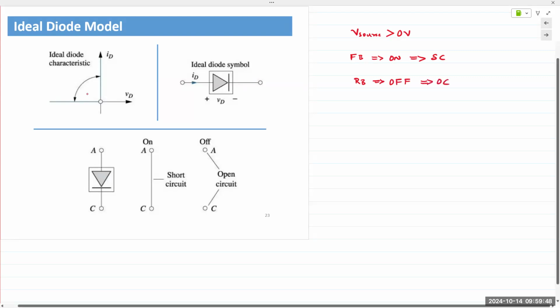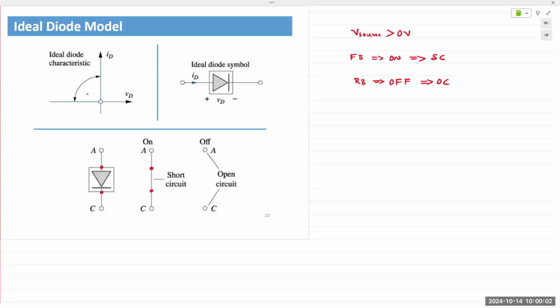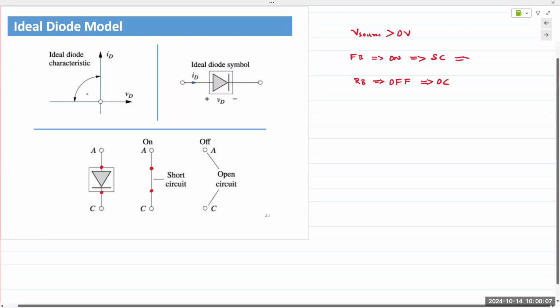It is replaced with an open circuit. So this is the ideal diode model. And you would say diode is replaced with a short circuit. And in reverse bias, diode is replaced with an open circuit. And if it's a short circuit, then the diode voltage is equal to 0. And if it's an open circuit, diode current is equal to 0. Okay, that's the ideal diode model.